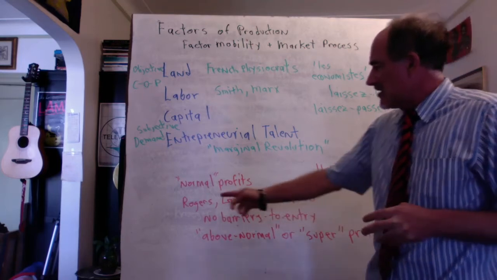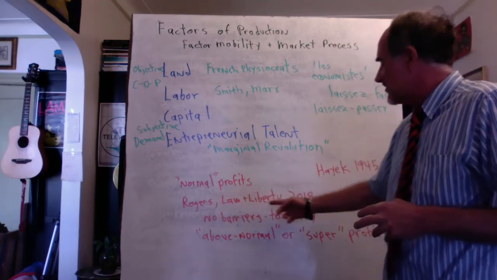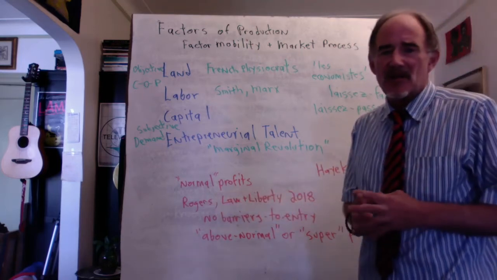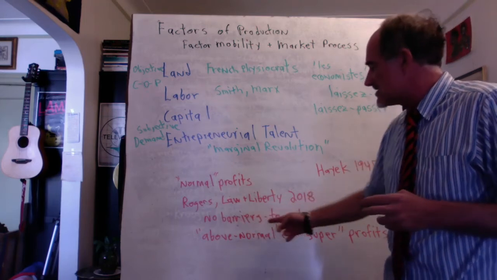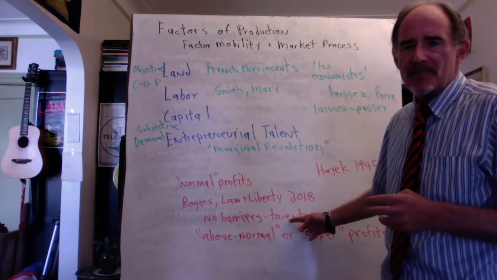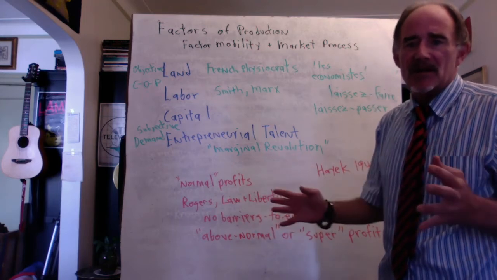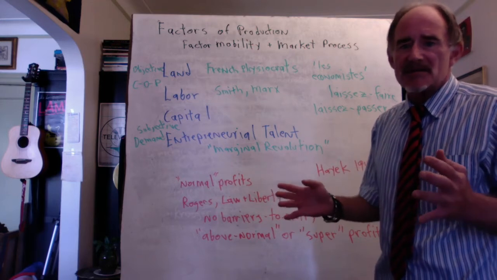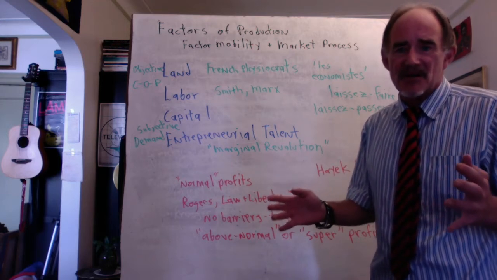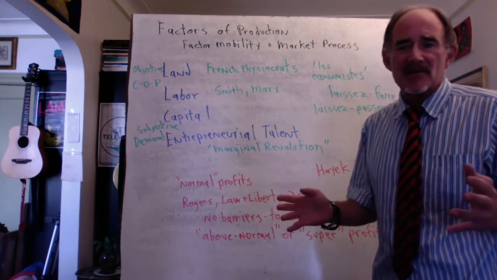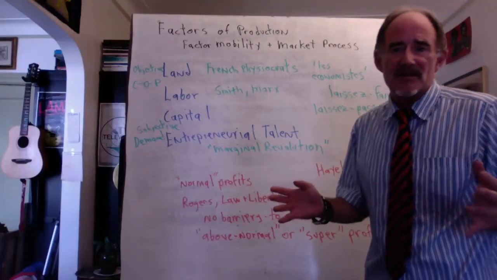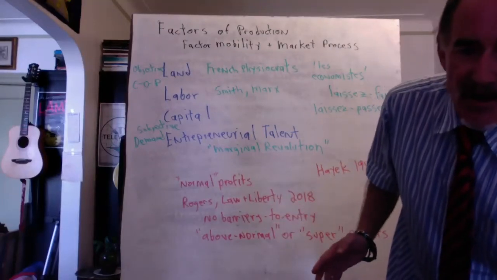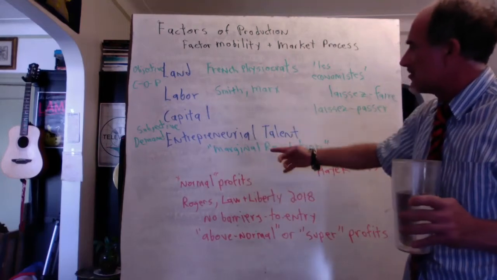And then Rogers in Law and Liberty 2018, which is available on my website, talks about how as long as there are no barriers to entry, then you have a market process. But once the state starts putting in barriers to entry, such as occupational licensing or other special treatments such as trade barriers, well, then you no longer have the market process.